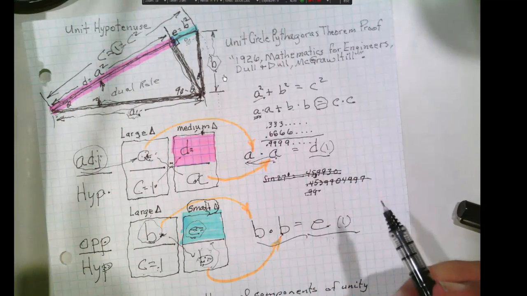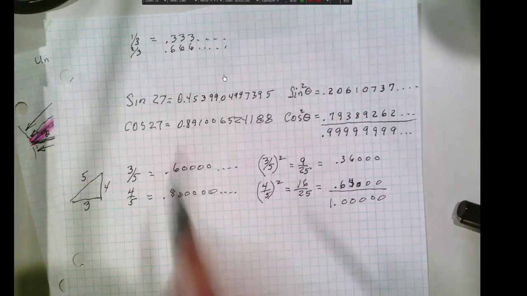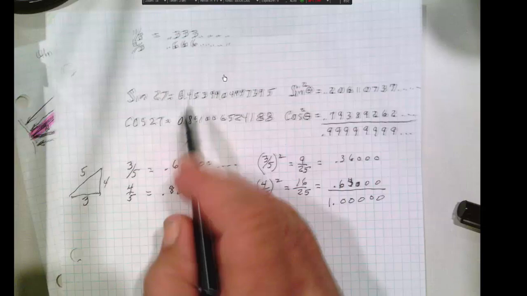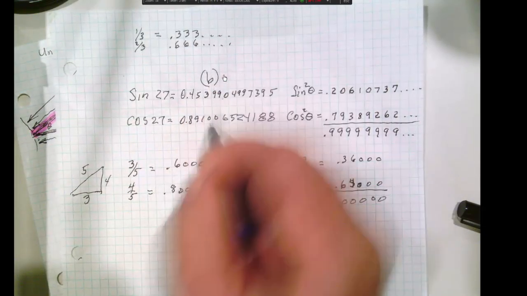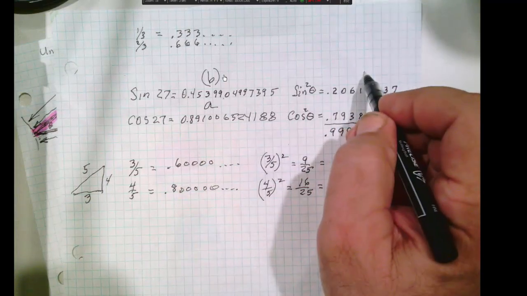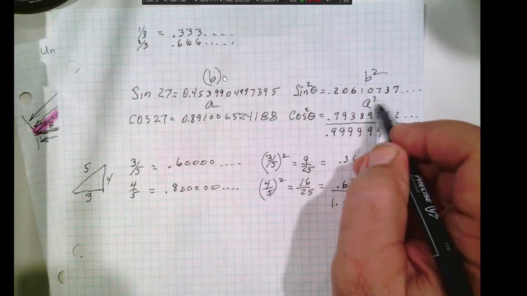Well, the same thing happens with, say, sine of 27 degrees. Well, this would be like B, and this would be like A, and this would be like B squared, and this would be like A squared.